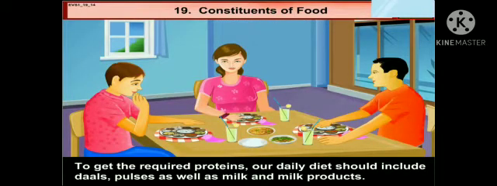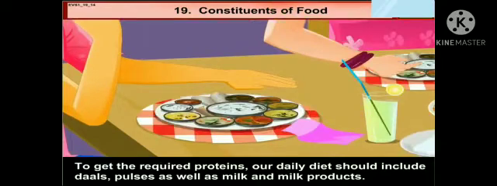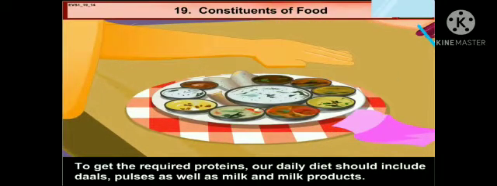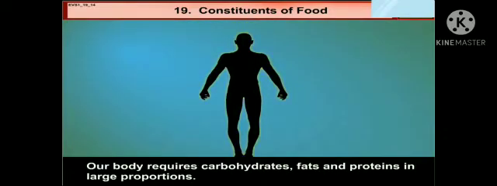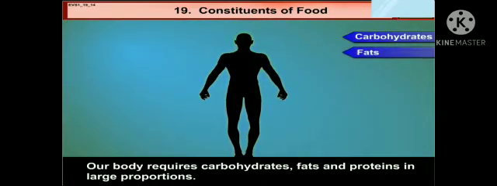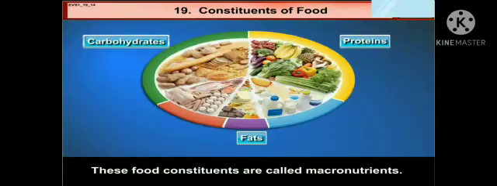To get the required proteins, our daily diet should include dals, pulses as well as milk and milk products.